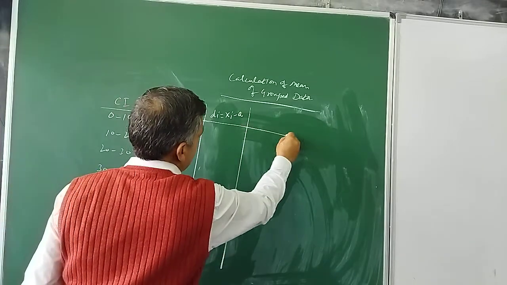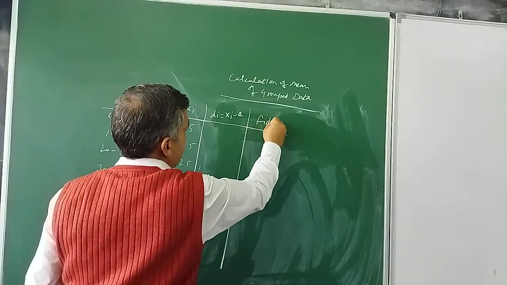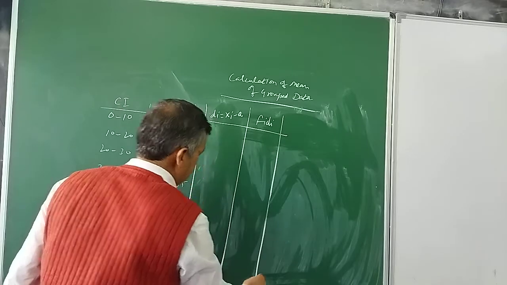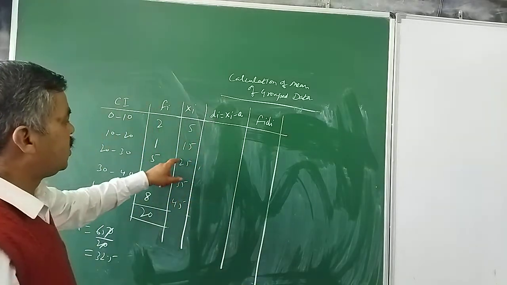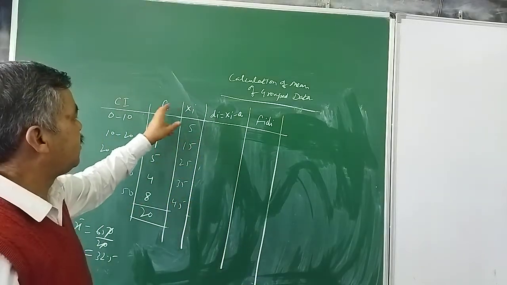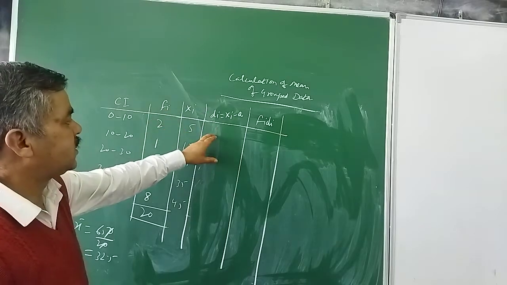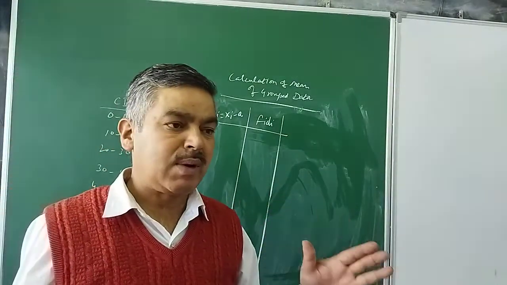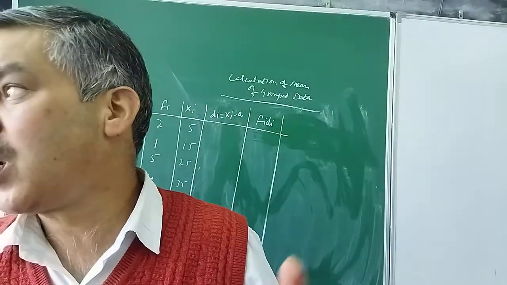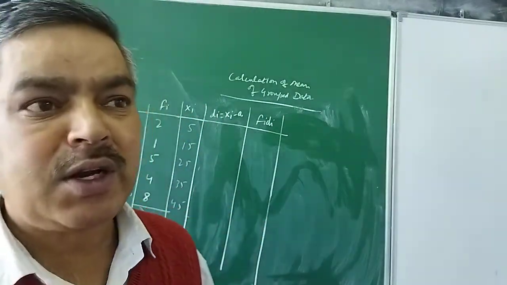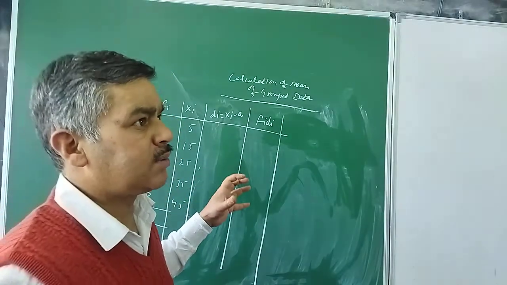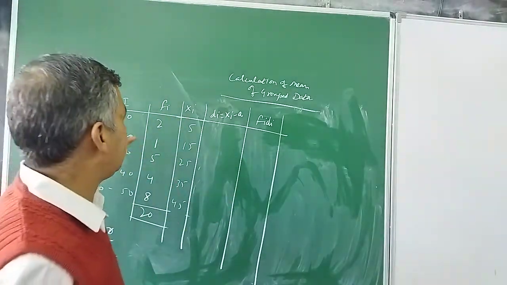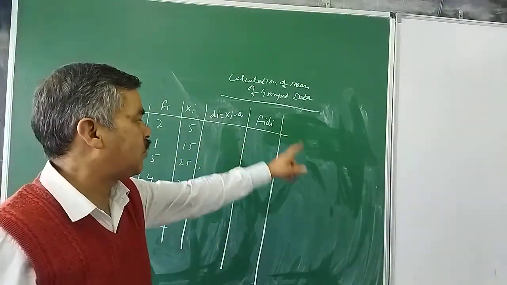In the fourth column of the direct method it was fixi. So you always remember there are just 4 columns required in the direct method. In the shortcut method or deviation method, you need 5 columns.